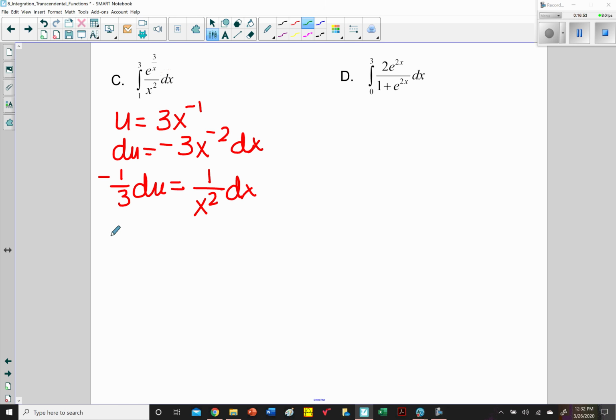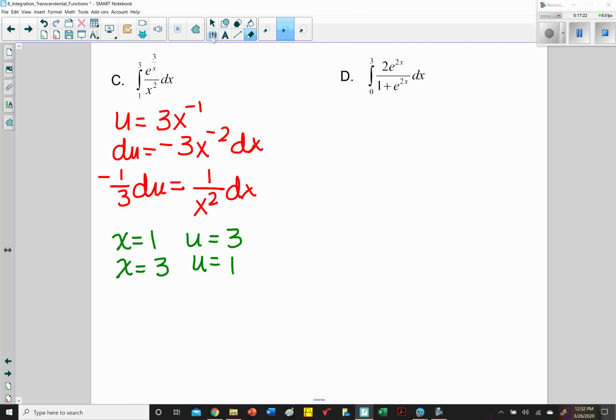And we want to change the variables. Do we need to do that? Let's see. When x is 1, u is 3. When x is 3, u is 3 over 3, u is 1. How interesting is that?